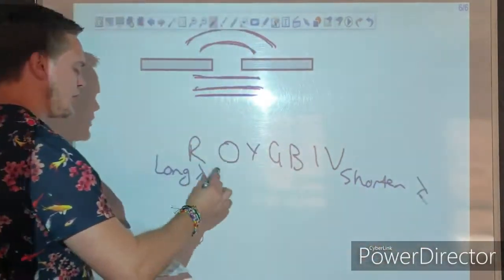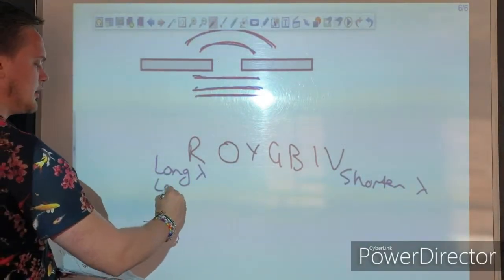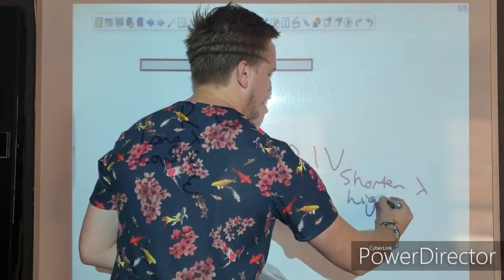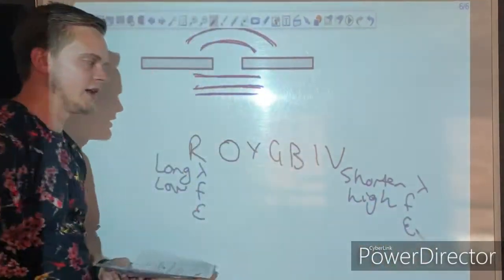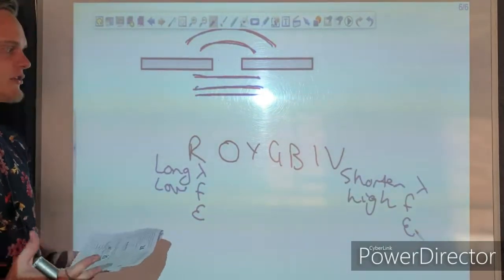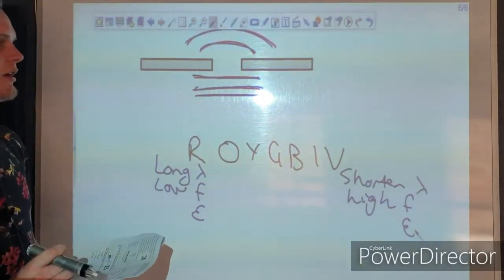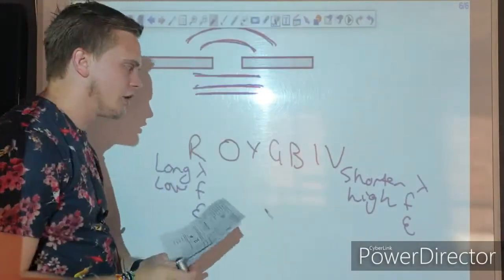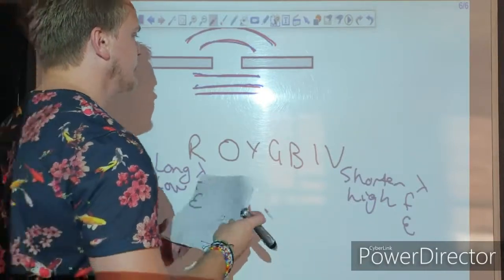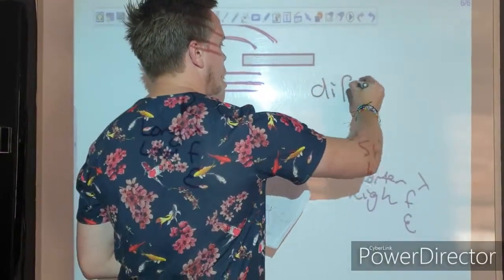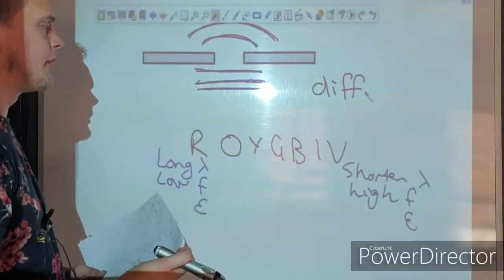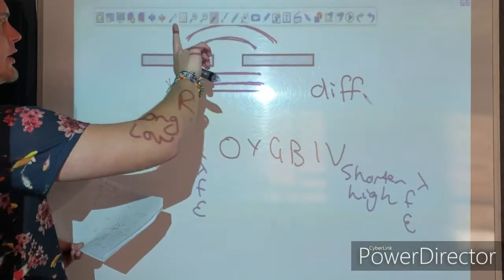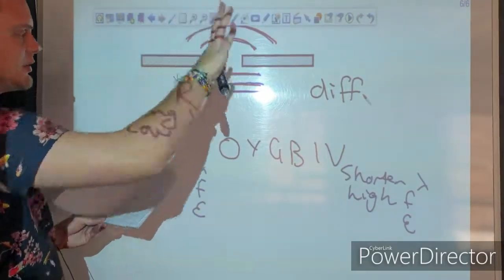wavelengths. We also have low frequency as well as low energy at red, where we have high frequency and high energy on the right hand side of our visible light spectrum. There's no legit definition or formula that we can use, but you should know that with diffraction, as your slit width increases, the diffraction pattern will decrease.